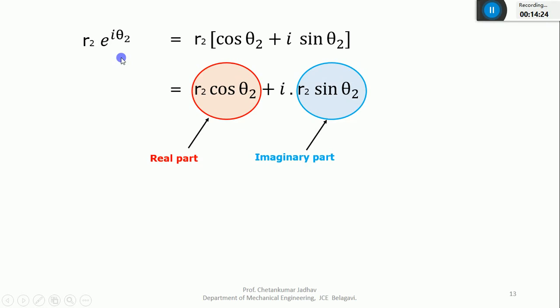So directly, when you see this equation, you should be able to write the real part and the imaginary part without solving this. Quickly simplify this: e raised to I theta is cos theta 2 plus I sin theta 2. Just multiply. We'll get the real part of this equation as R2 cos theta 2, and just neglect this I; the remaining portion can be considered as the imaginary part.